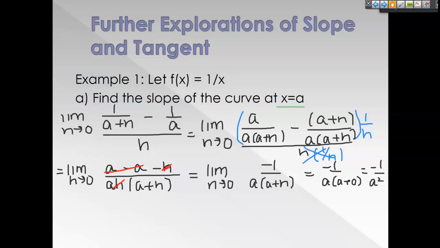Even if those were numbers, like say a equals 2 and h equals 5, if you had 2 times 2 plus 5 times 5, if you distributed it in here, it wouldn't stay out there. You have to pick where you distribute the h.